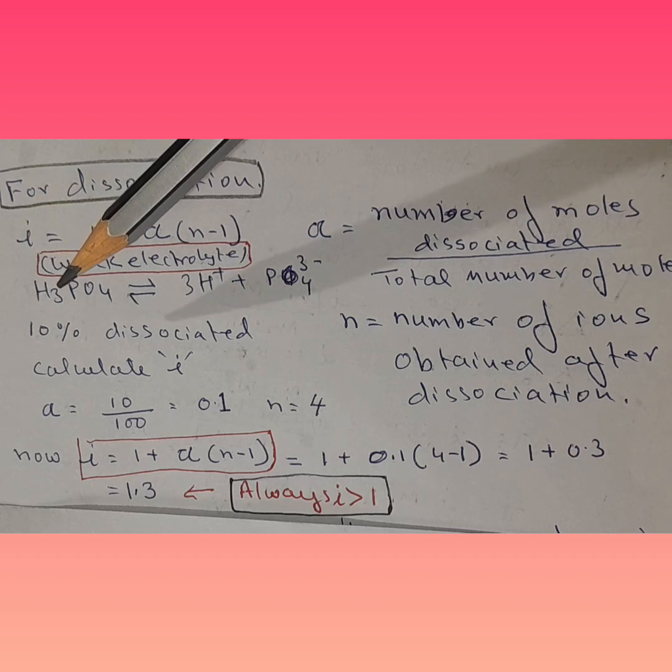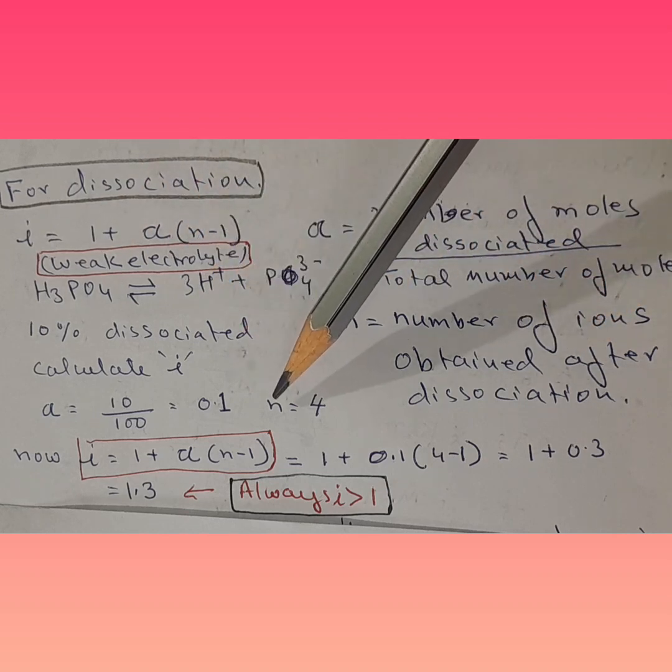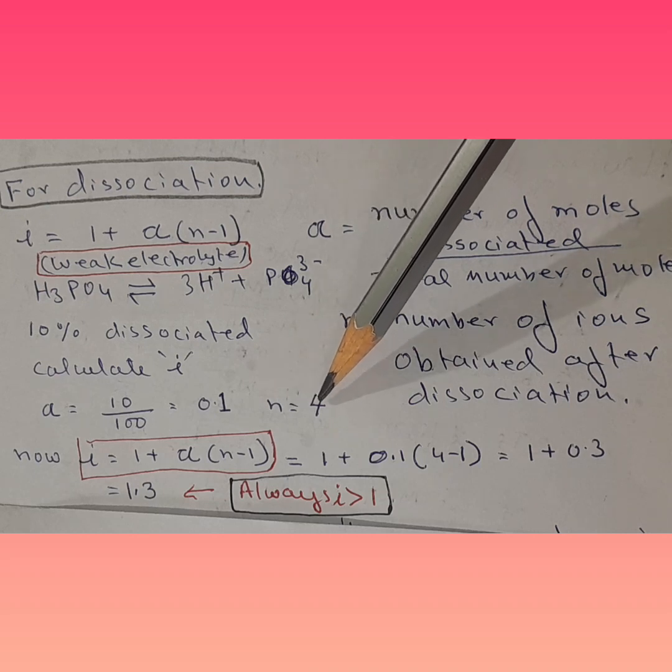Now I have chosen here phosphoric acid, a weak acid. Phosphoric acid dissociates, giving 3 protons and 1 phosphate ion. Altogether 4 ions are obtained. So what was this n? n was the number of ions obtained after dissociation, so n is 4.